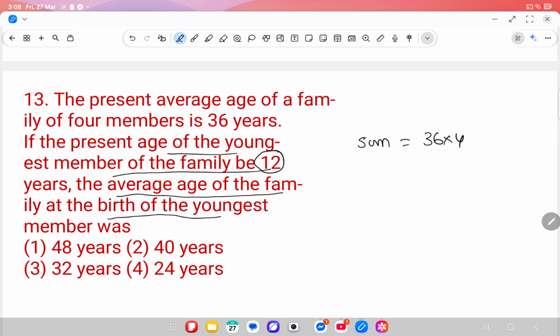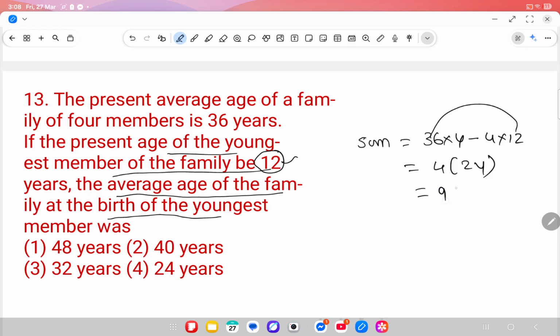Okay, then one of the persons, the youngest, is 12. At his birth means 12 years back we need to go. Means from the total I need to reduce 4 into 12. It becomes 4, if I take out common, 24. See, 4 if I take out common, 36 minus 12 is 24.